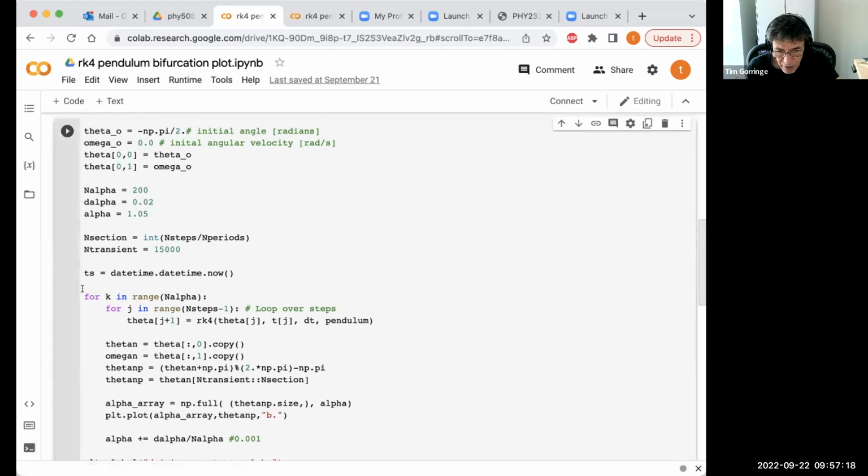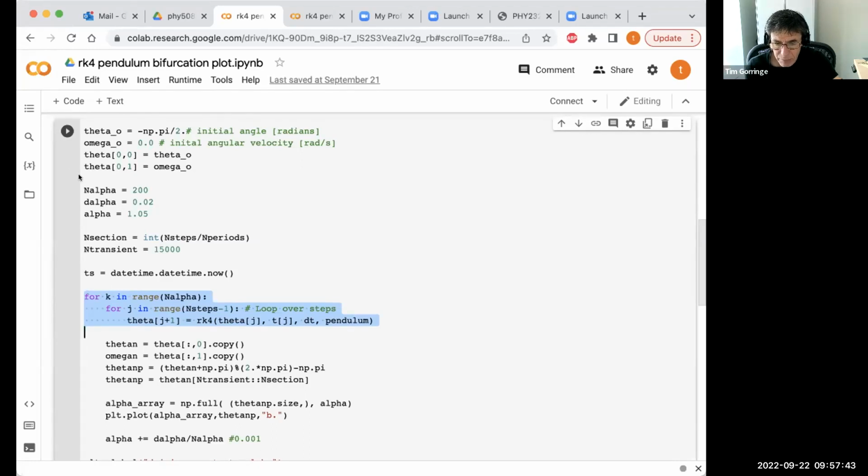And you can see this here. I've got a nested loop: the outer loop walks over the range of driving force parameters, and the second for loop walks over the time array, finding the solutions for theta and omega. So that's a difference here.